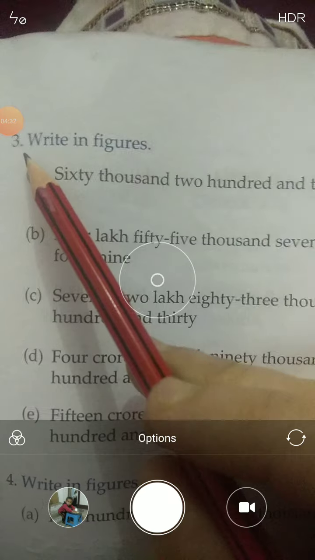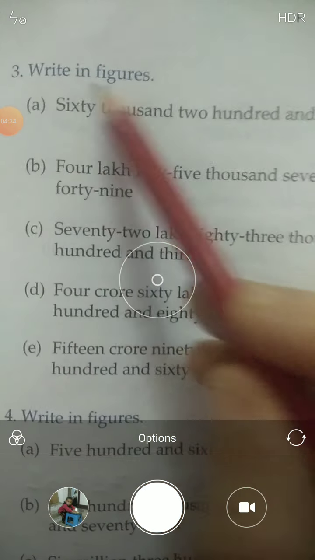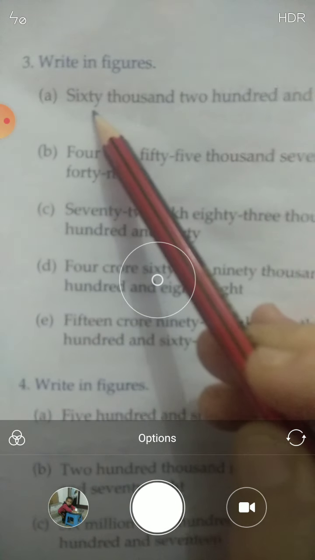Next is write in figures. Students, period blocks are given in your book. This question also you have to do in your book. A: 60,235. 60,000 we will write in the thousands block, then 235.